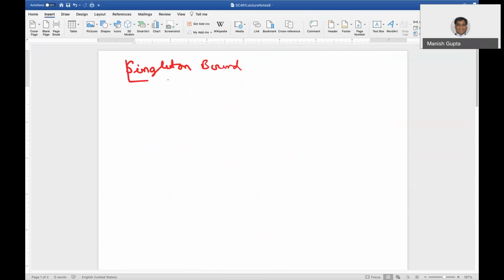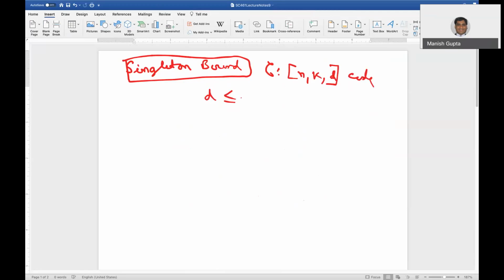We talked about it briefly earlier. We proved it using the parity check matrix. So if C is an (n, k, d) linear code, then d cannot exceed n minus k plus 1.